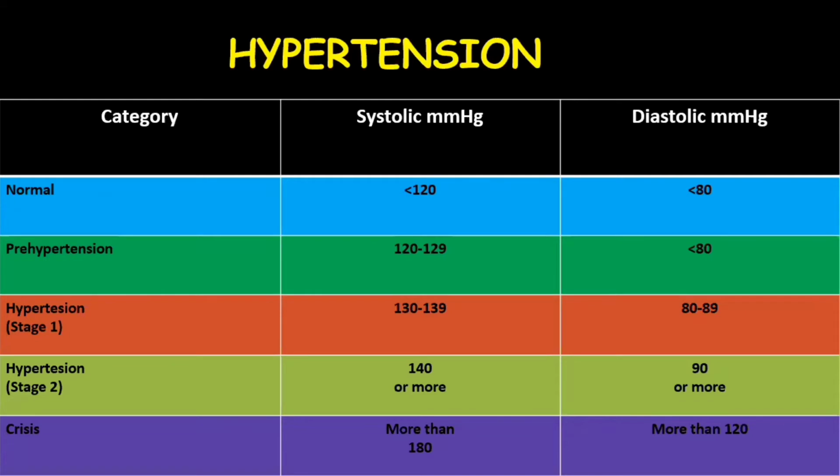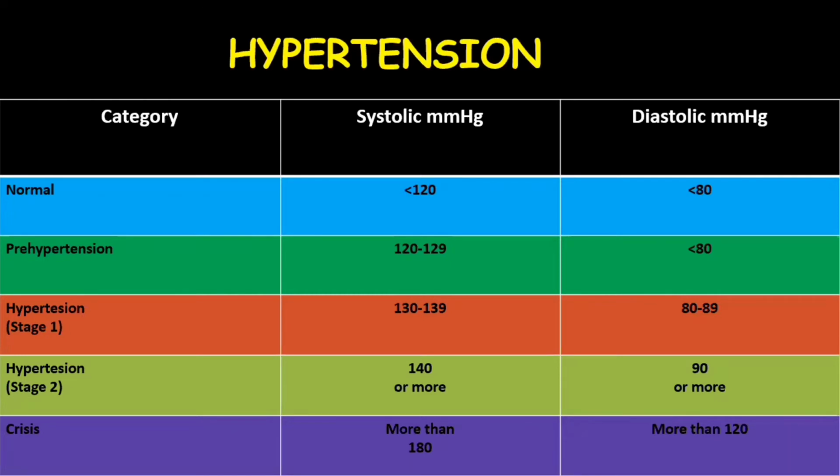Pre-hypertension means a systolic blood pressure between 120 to 129 over a diastolic blood pressure lower than 80. Hypertension stage 1 is defined as a systolic blood pressure between 130 to 139 over a diastolic blood pressure of 80 to 89.